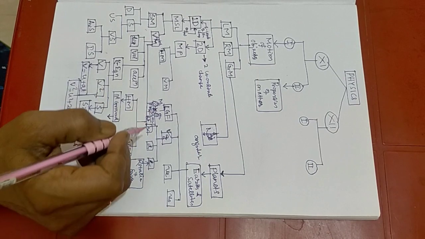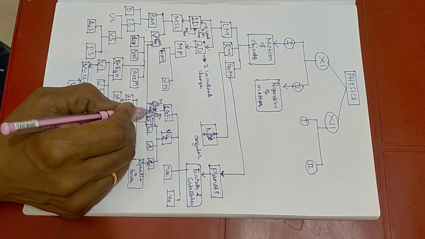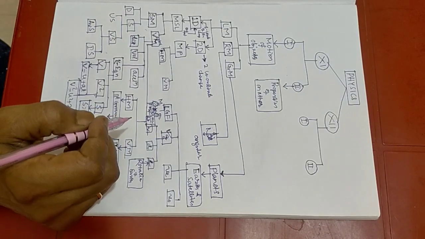G is the gravitational constant and it has a fixed numeric value.